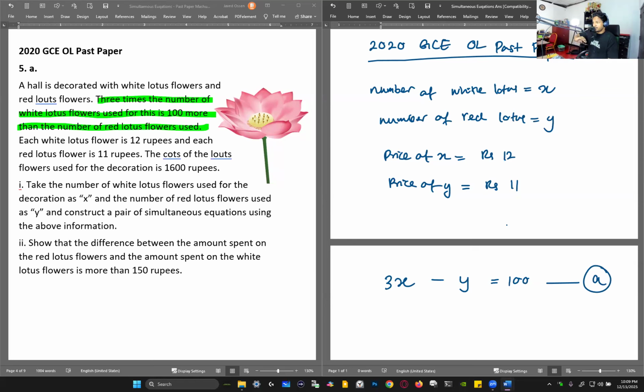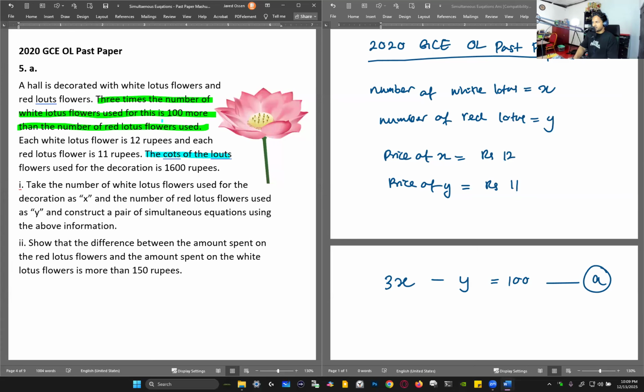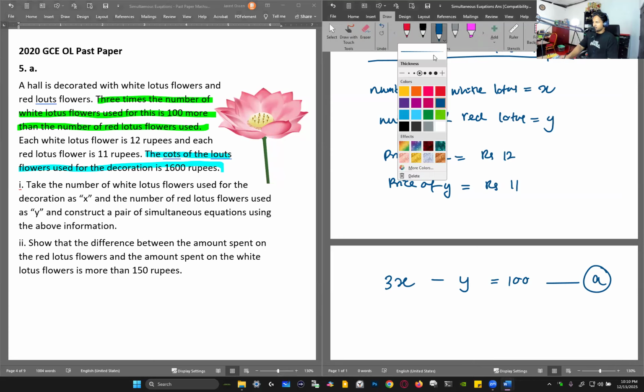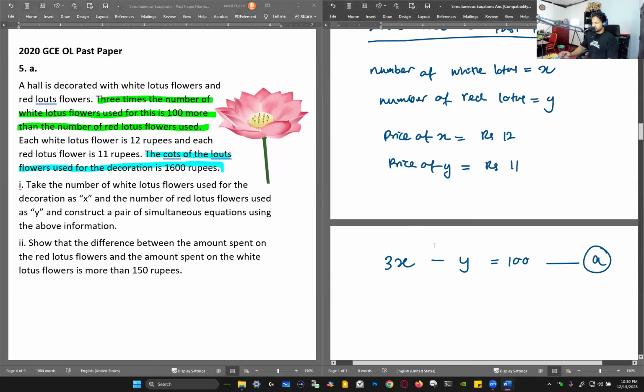Now, each white lotus we talked about, the cost, here's the second piece of data. You need 2 pieces of data to construct 2 equations. The cost of the lotus flowers used for the decoration is 1,600 rupees.